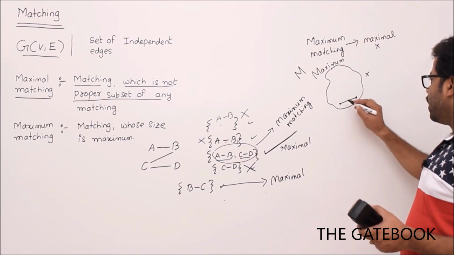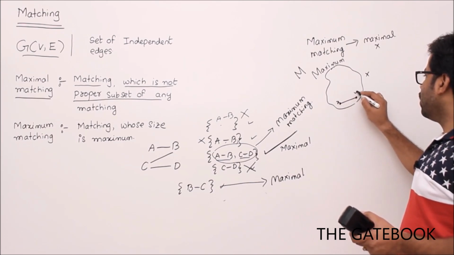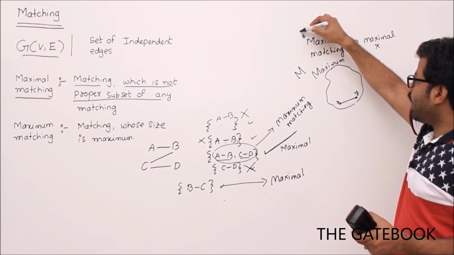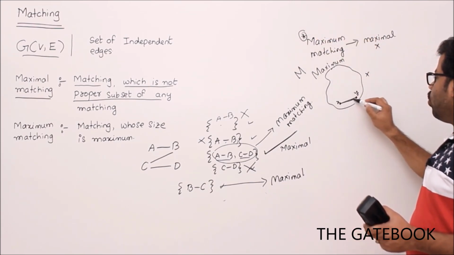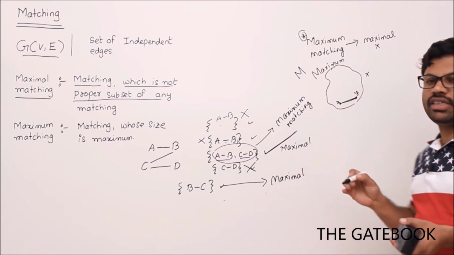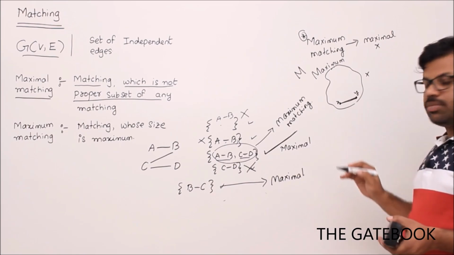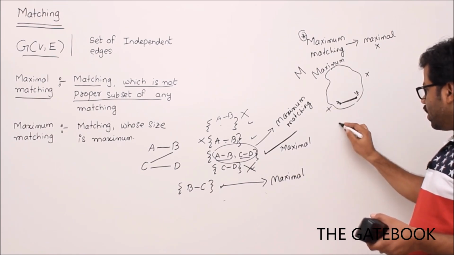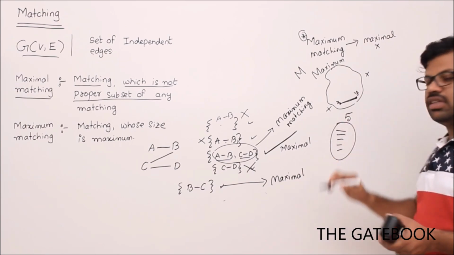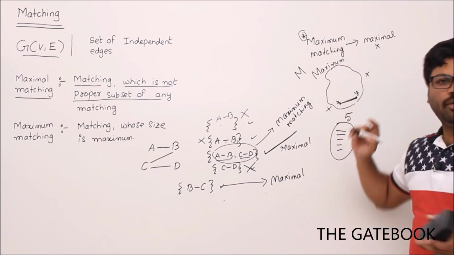If you can do it, let's say that edge name is XY, then I ask one question. Already you said your matching is maximum and you are adding one more edge to it and you are forming a better matching than maximum matching, then is it possible? So what's the mistake in this argument is, example, your matching size is 5. Okay, that means there are 5 edges and your claim is it is maximum matching.